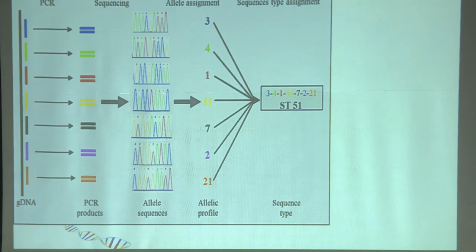We discussed here how to use FinchTV and CLC together to call a base. You understand? So that is the guiding force here to arrive at this matrix. Okay. And that's what is given here. You have genomic DNA, you have PCR products, allele sequences in trace file, and allelic profile. Okay. Then this is what is called sequence type.